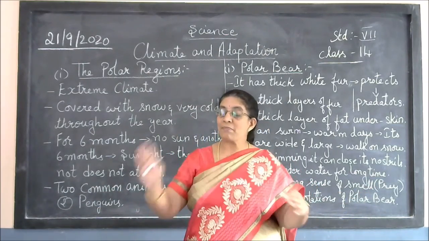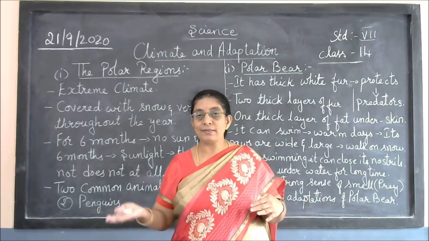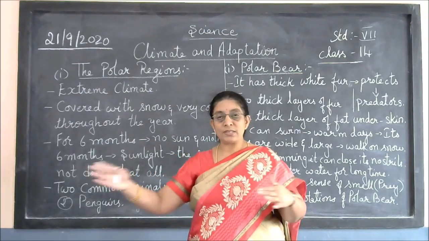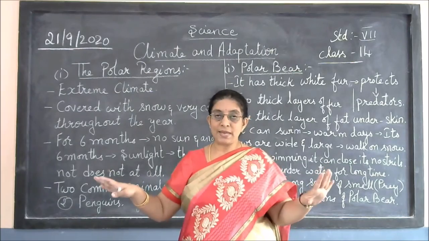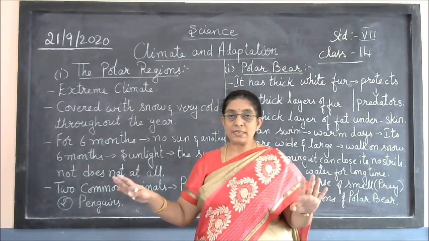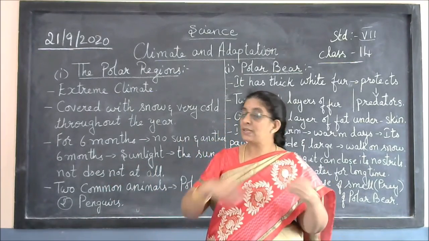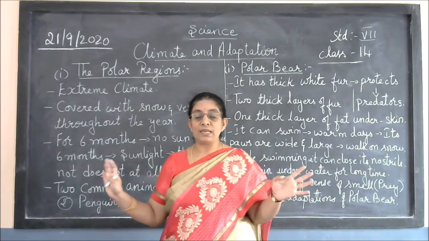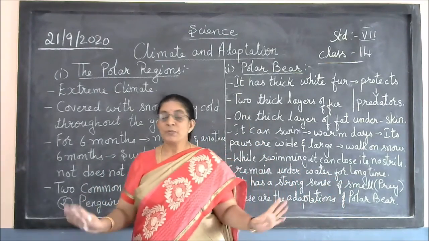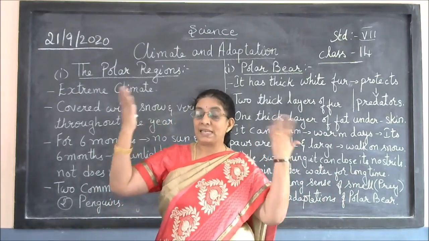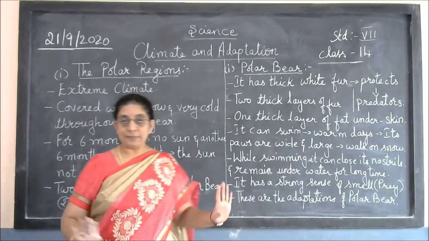So there won't be much difference between the day and the night. Throughout the 6 months, they will have brightness. But for the other 6 months, there is no chance of the people seeing the sun at all. So that is why it is called the extreme climate.